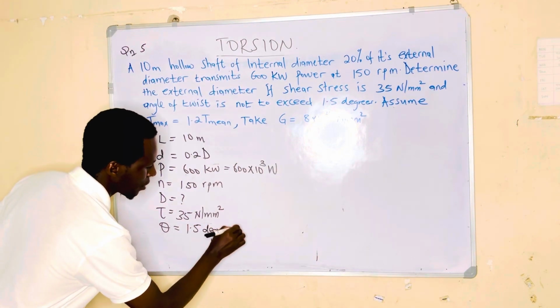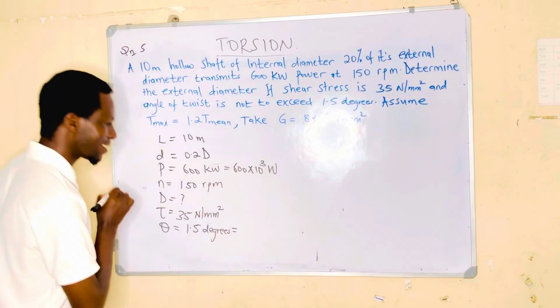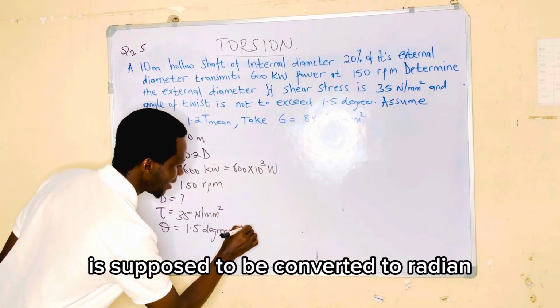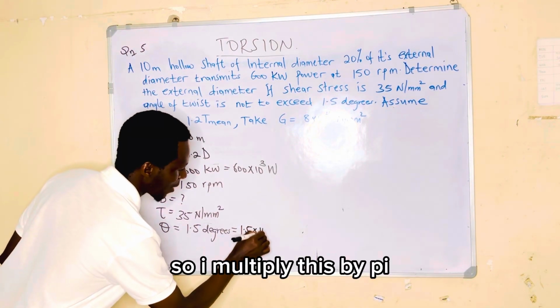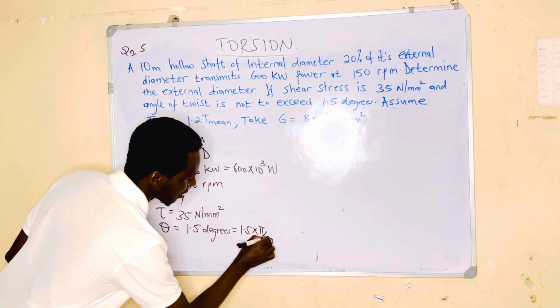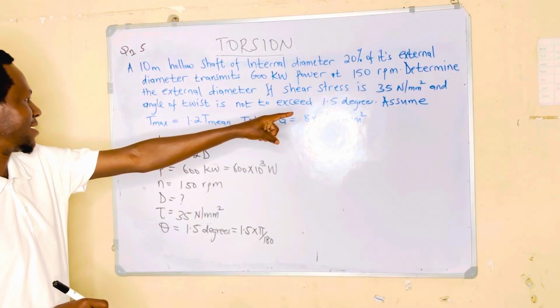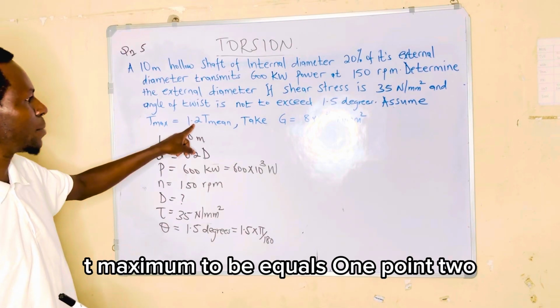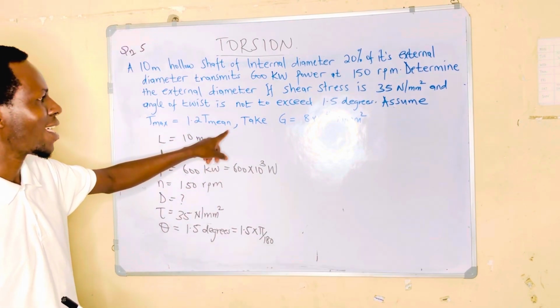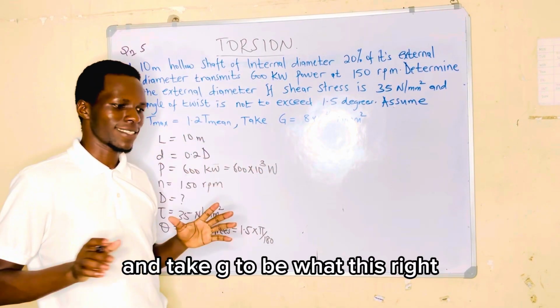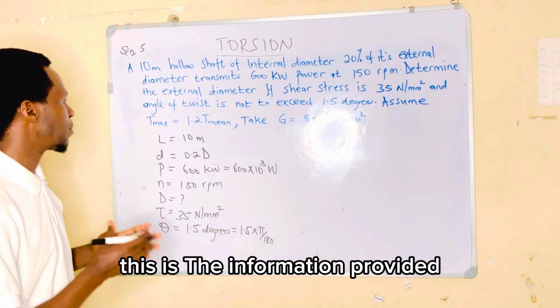You and I know very well that this is supposed to be converted to radians, so I multiply this by pi over 180. You're supposed to take T maximum to be equal to 1.2 T minimum and take G to be this. This is the information provided.